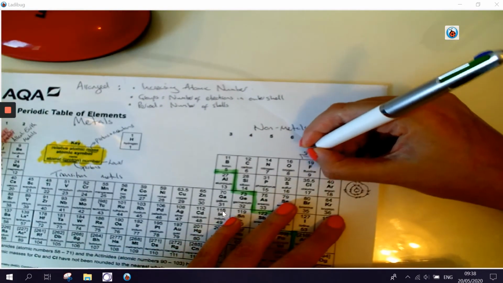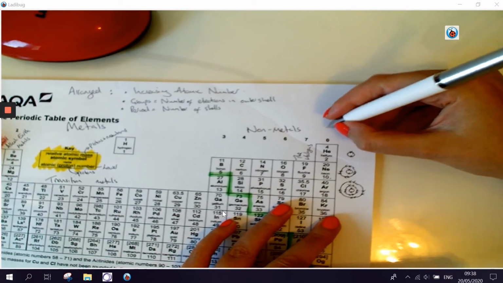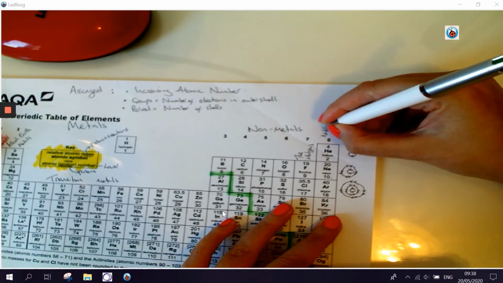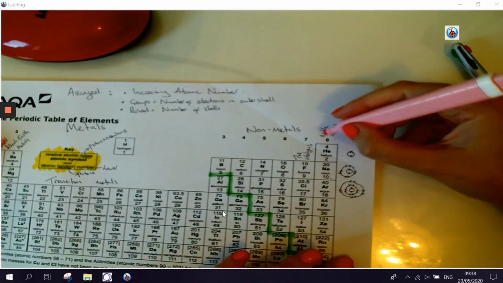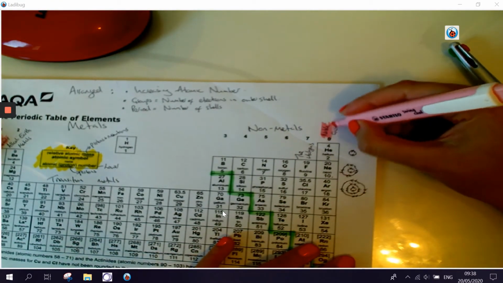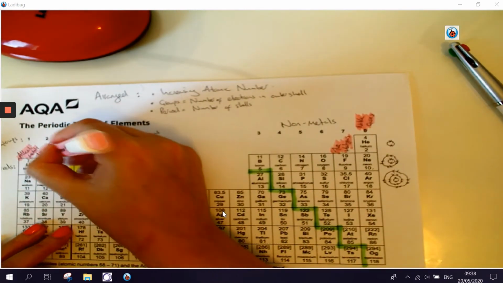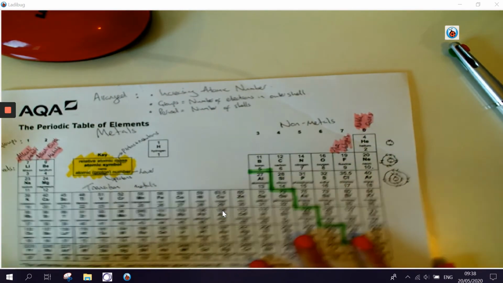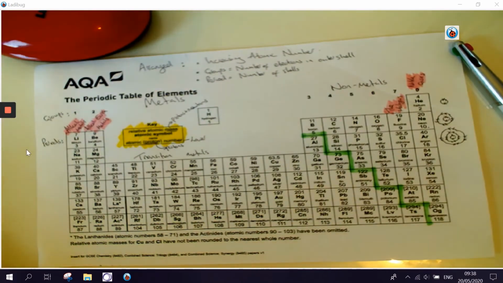Group 7 is the halogens. And group 0 is the noble gases. Remember that group 0 is unreactive because it has a full outer electron shell. So there we go. That's our annotated periodic table.